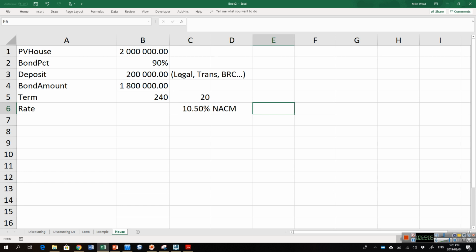We would say it's going to be equal to 1 plus this rate over here divided by 12, because that is the amount you're going to be paying each month. And then we would compound this to the power of 12. And then I must just subtract the one I started with.